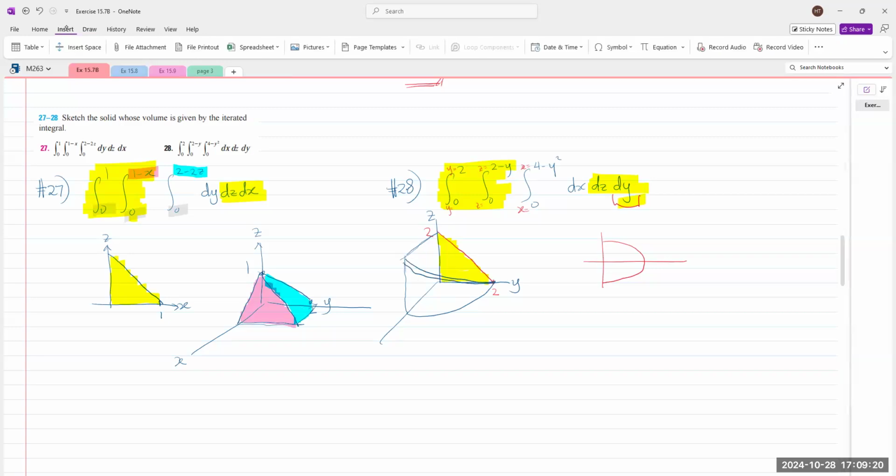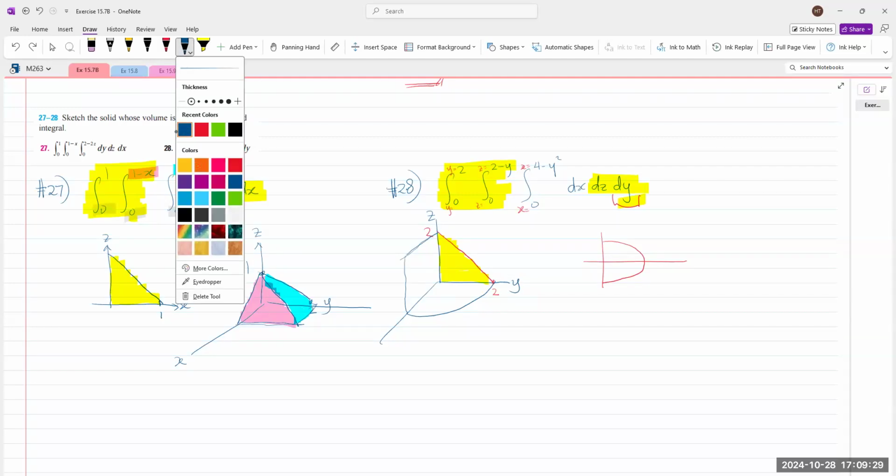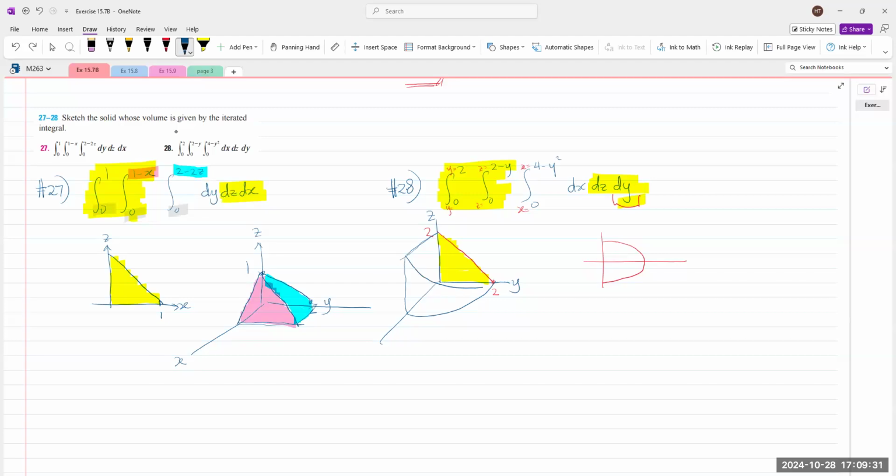Not a good one. Like that. Where this part here, I don't like that.